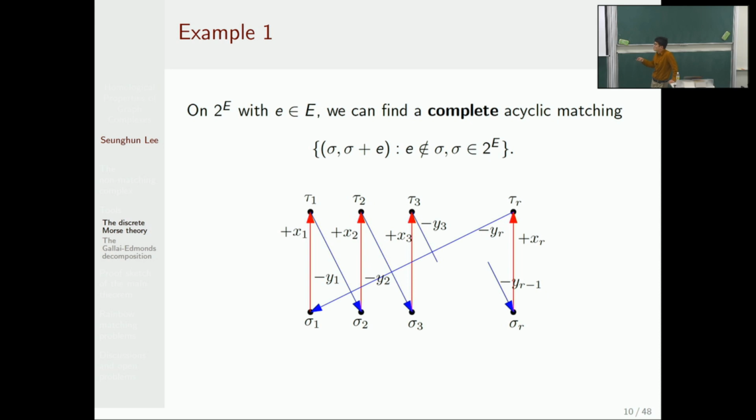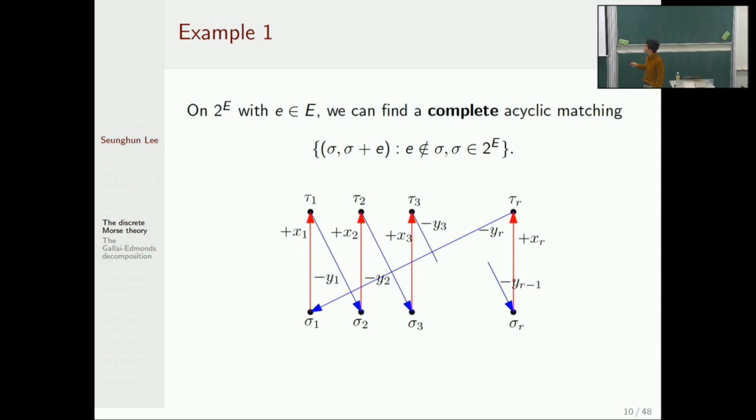Right, because this is a directed cycle on the set. If the same element x1 is added k times, then it should be removed k times anyhow. And this is actually a complete acyclic matching. Suppose not, if this is not an acyclic matching, then there is a directed cycle like this.